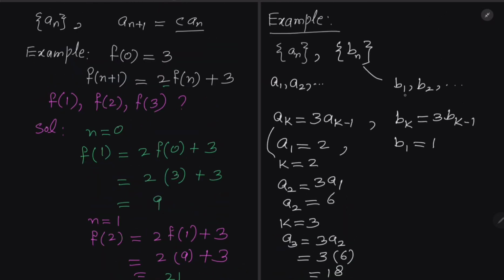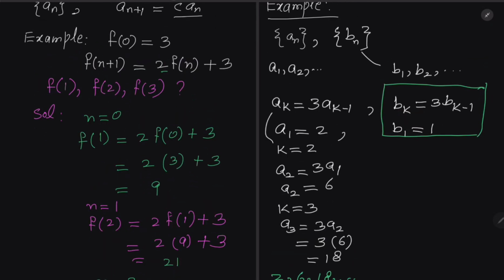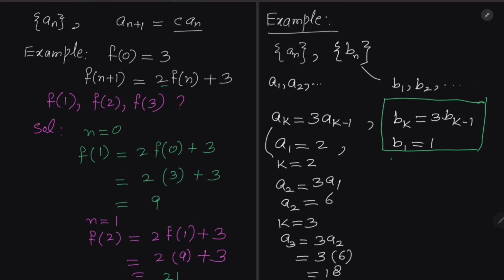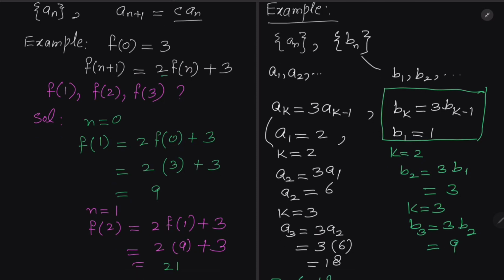Now we talk about the sequence generated from that formula with seed b1. Suppose we have k is equal to 2, so b2 will be equal to 3 b1, and this is 3. Similarly, when k is equal to 3, b3 is 3 times b2, so we get 9.